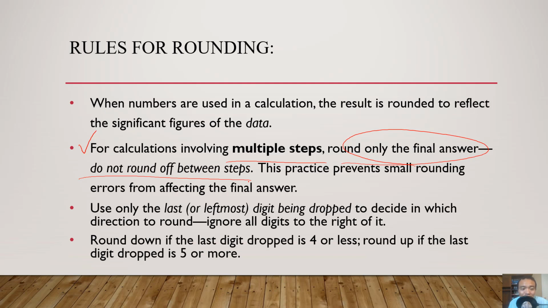We'll show you how you're going to keep the correct number of sig figs or decimal places later on for multi-step calculation. And how do you round it then? If it's 4 or less, you simply drop that digit. If it's 5 or more, you round it up.